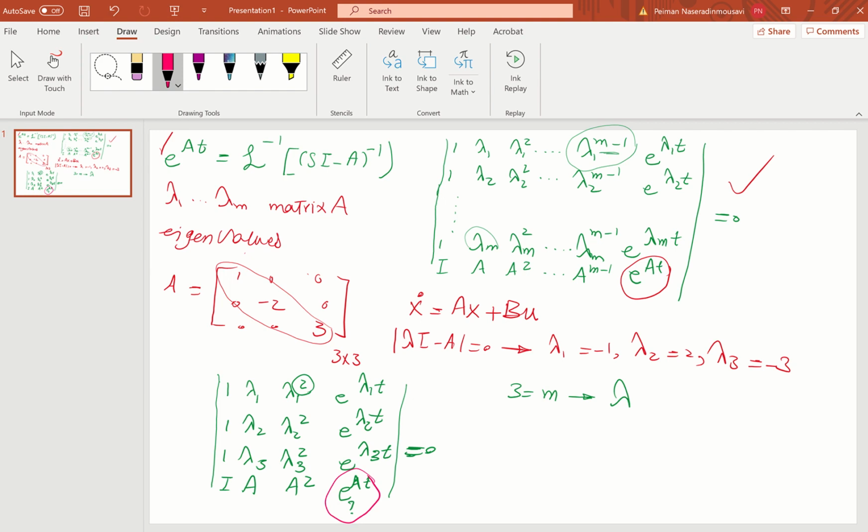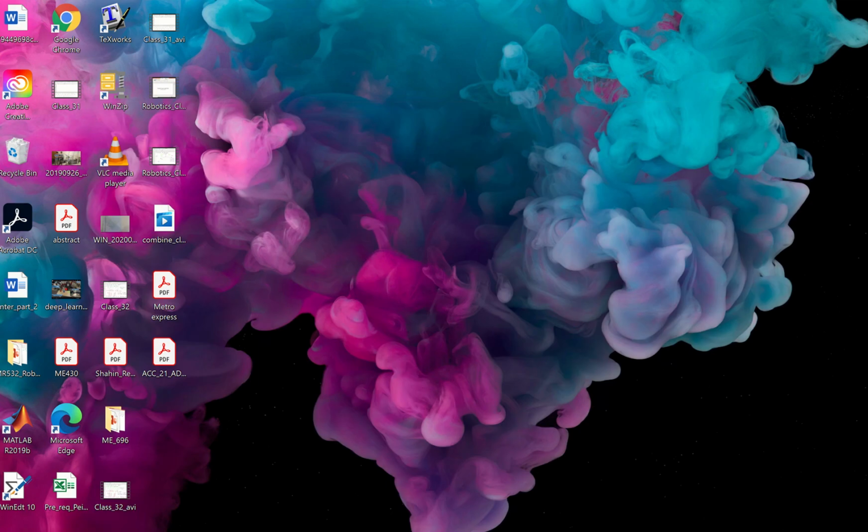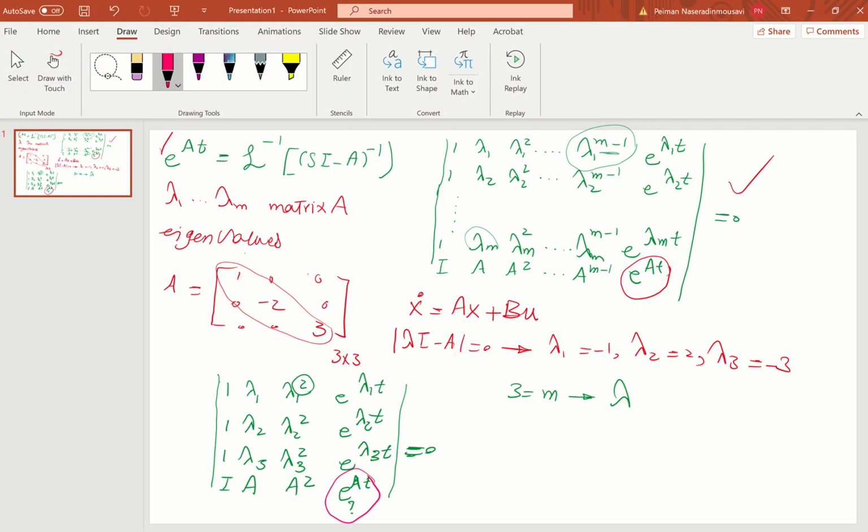I also said that the solution using the Laplace inverse was this.